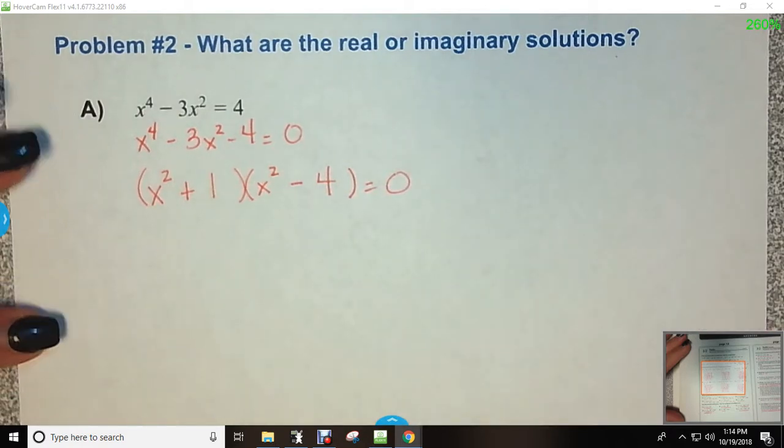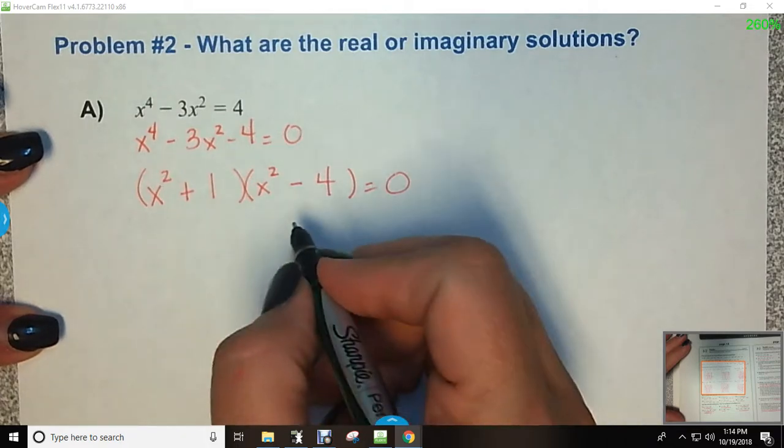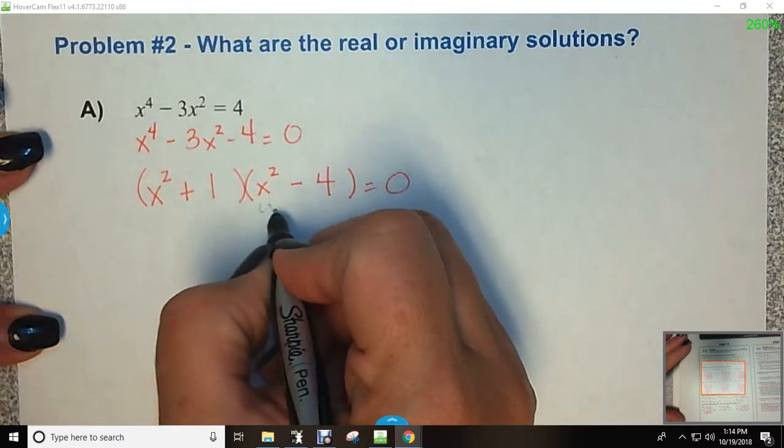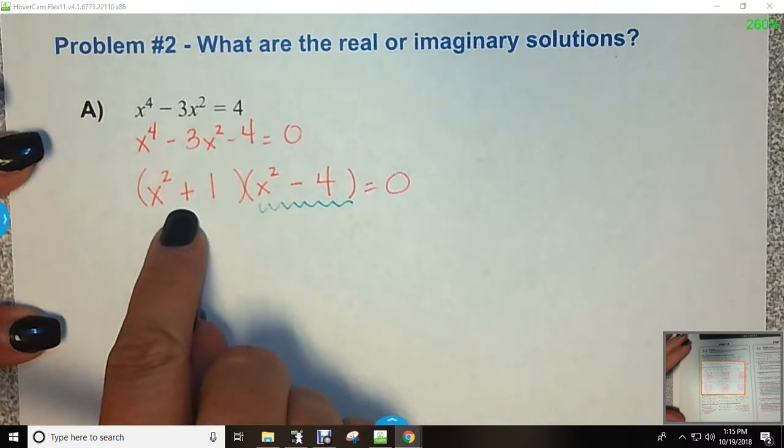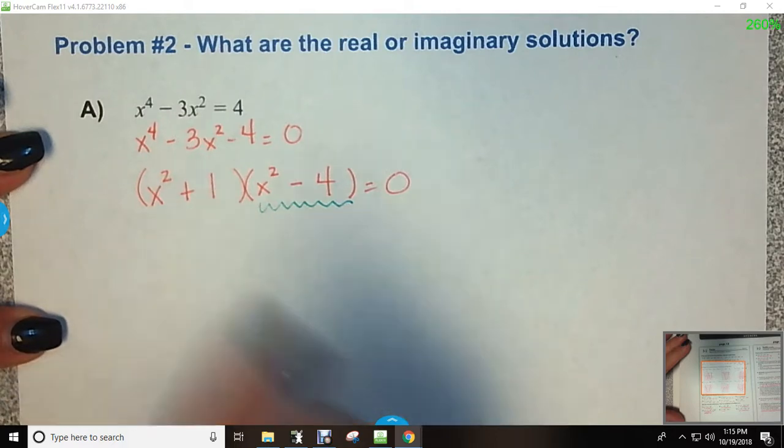Can I factor either of those parentheses again? Yes, on the right. I can factor this one because it is what kind of factoring? Difference of squares. I can't factor this one again because it is a sum of squares and there is no such factoring.